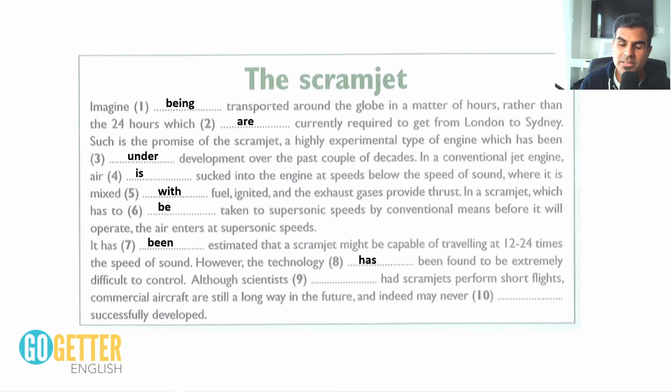Now take a look at this structure. It's present perfect. We assume that, because to have had would be the correct answer here. We are looking for something that completes that past participle, and the only one that would do it in the present perfect is the auxiliary verb have.